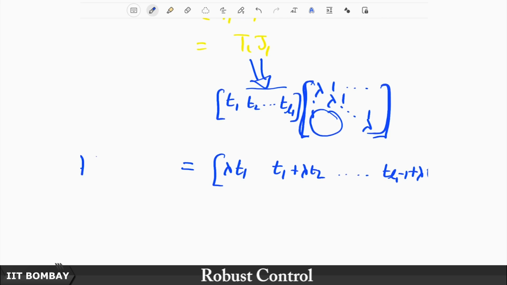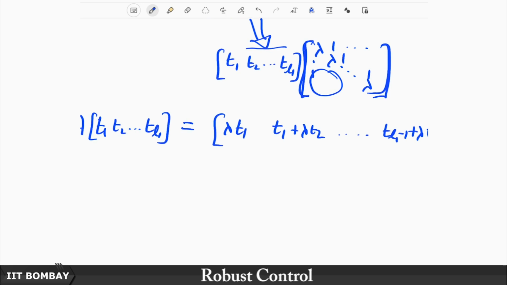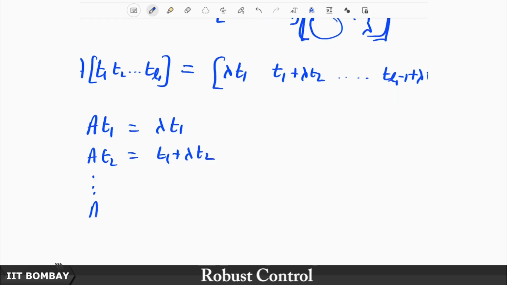I had A times T1, T2, dot dot dot, till TL1. So what I then get, very interestingly, is A T1 is equal to lambda T1, A T2 is equal to T1 plus lambda T2, and so on till A TL1 is equal to TL1 minus 1 plus lambda times TL1.